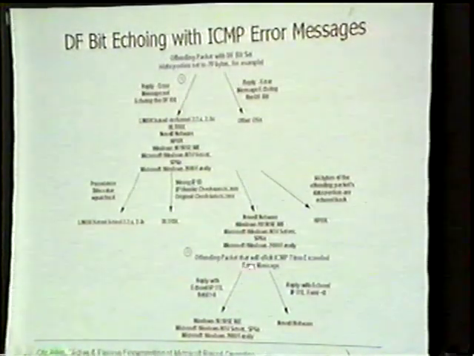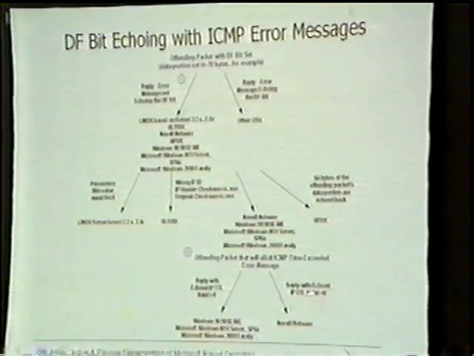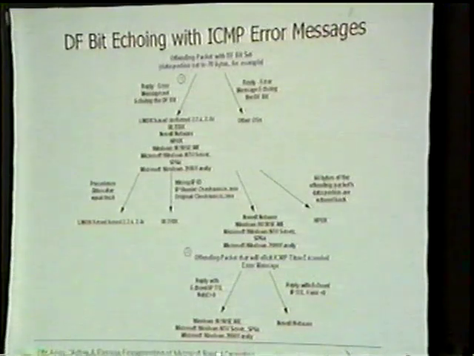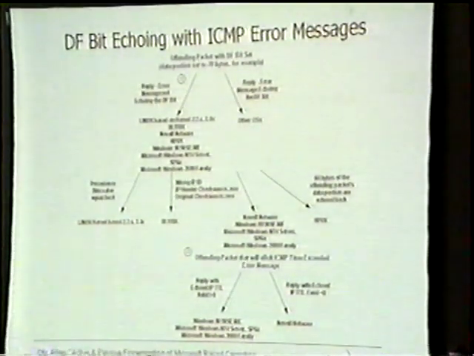If we send an offending packet that will elicit an ICMP time exceeded error message, Novell will reply with echoed IP time to live field value 0. Now this is an implementation error because this is not the error message we wish to elicit. We were talking about fragment reassembly. I send half, or just one piece, of a datagram I want to send, and I will look for the reply.